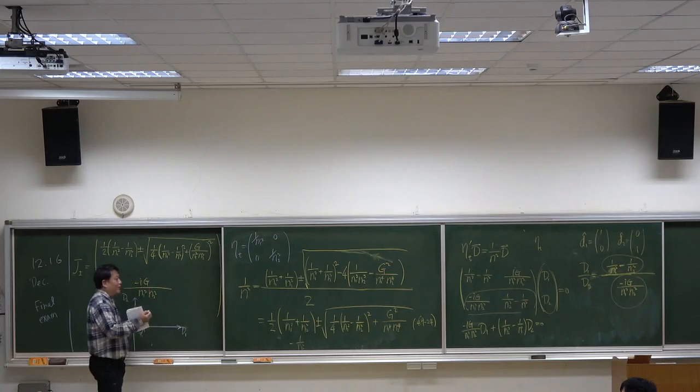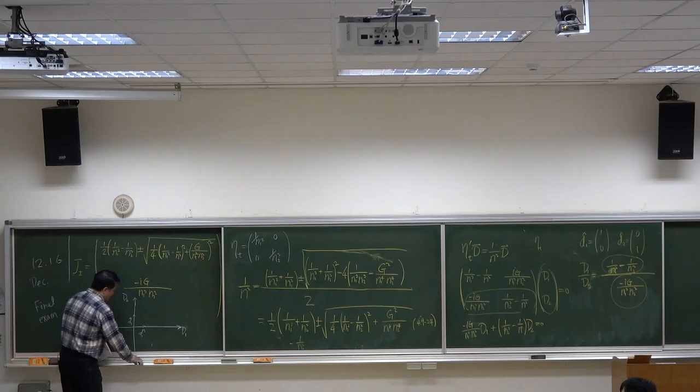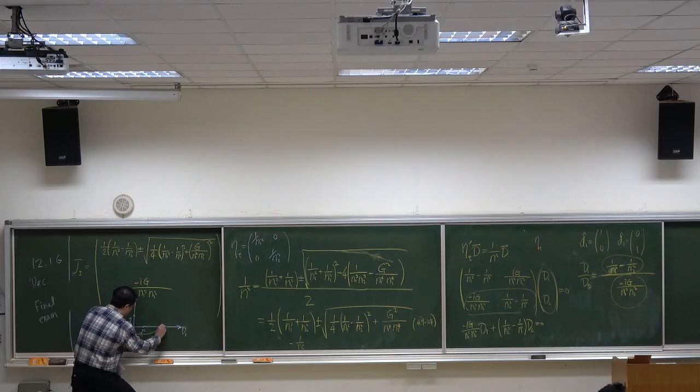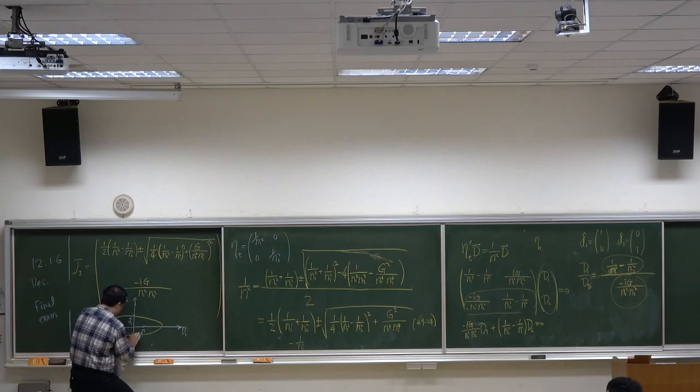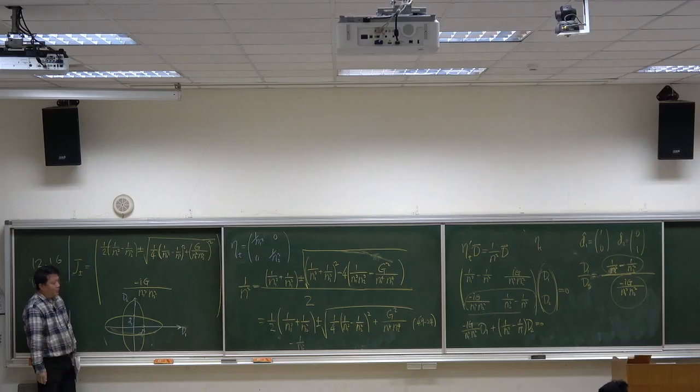Okay. When we turn on the optical activity, we get two possible elliptical polarizations.